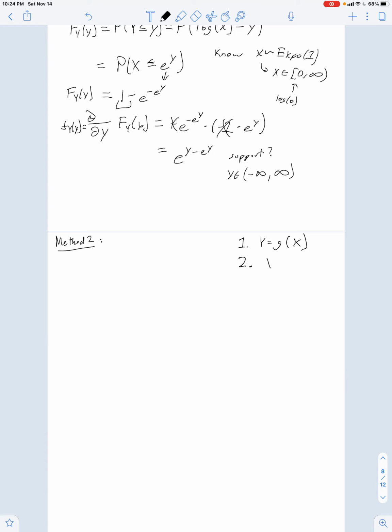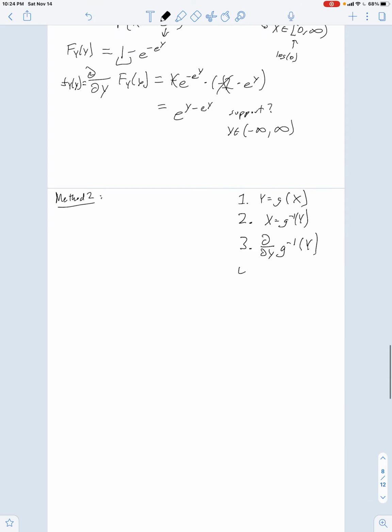Number 2, write x in terms of g inverse of y. Number 3, take a derivative with respect to y of g inverse of y. Number 4, use the change of variables formula. And then 5, remember support.